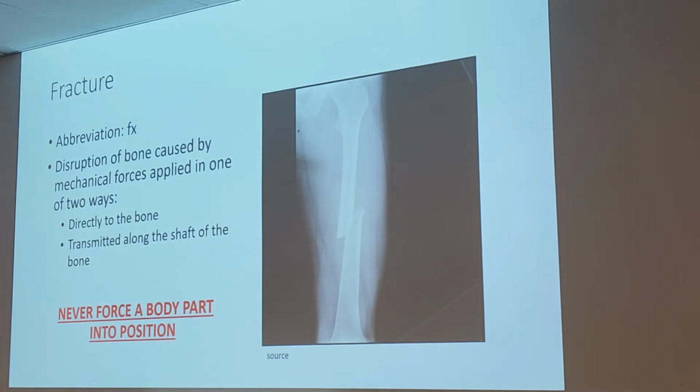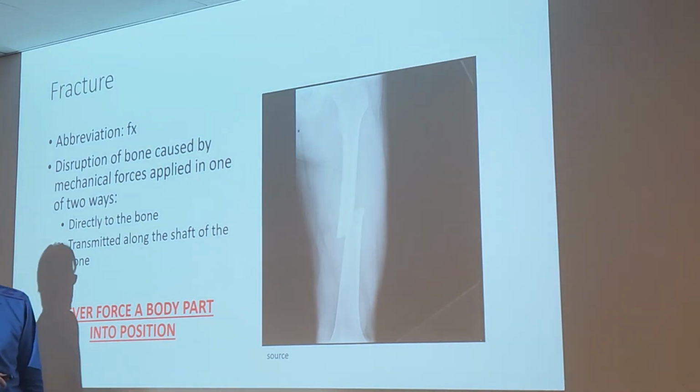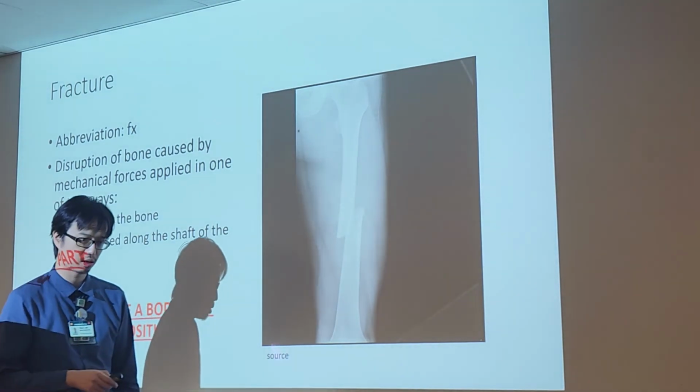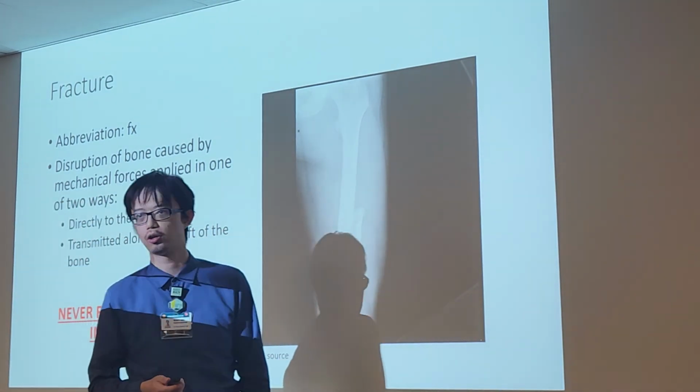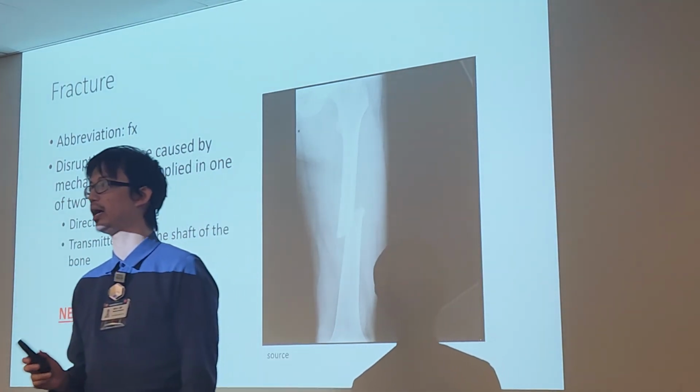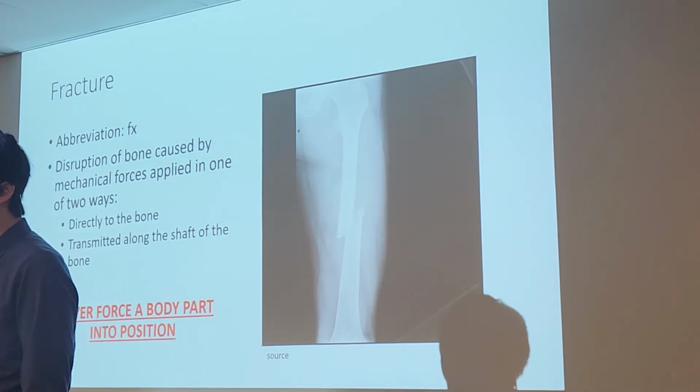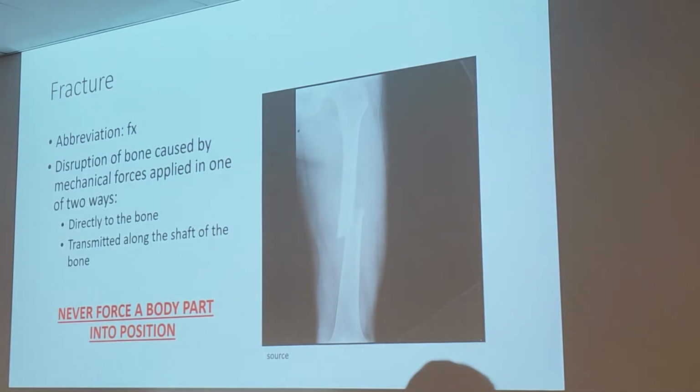Okay? Now, very important with fractures, never force a body part into position. If a patient has a fracture, you're not going to grab that leg or that arm and manipulate it into your proper positioning, right?